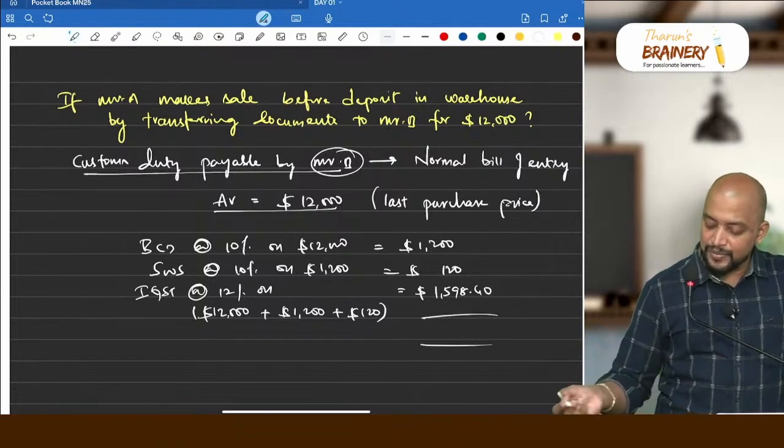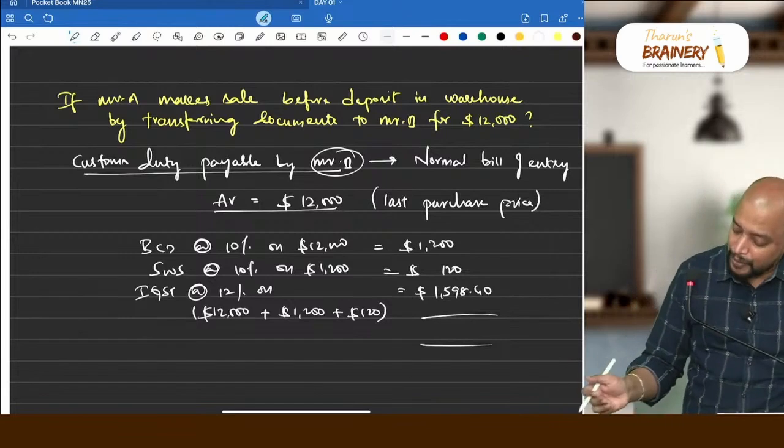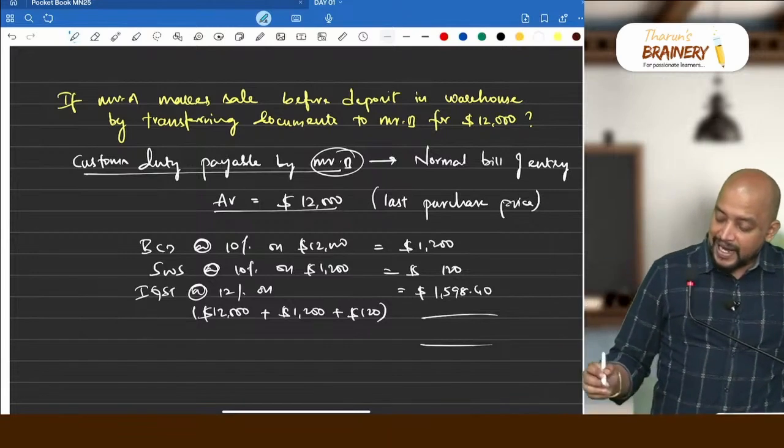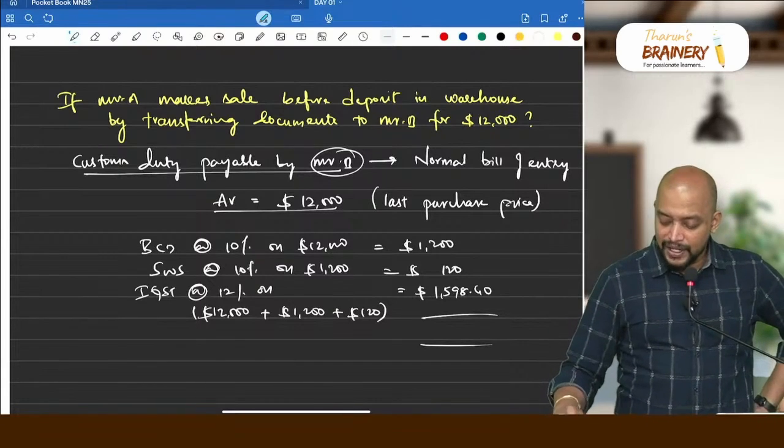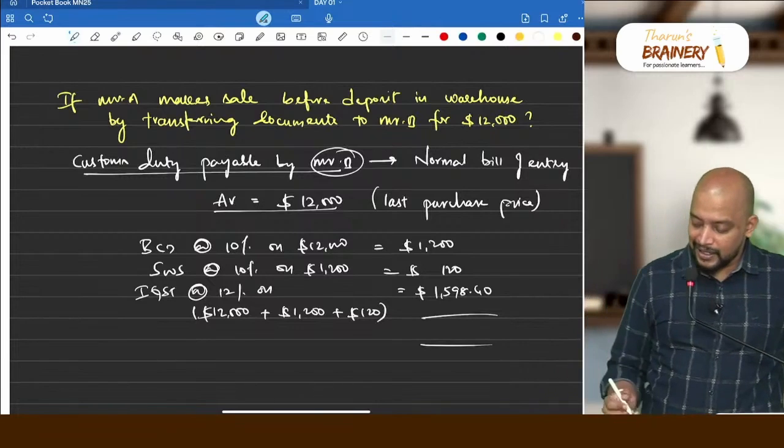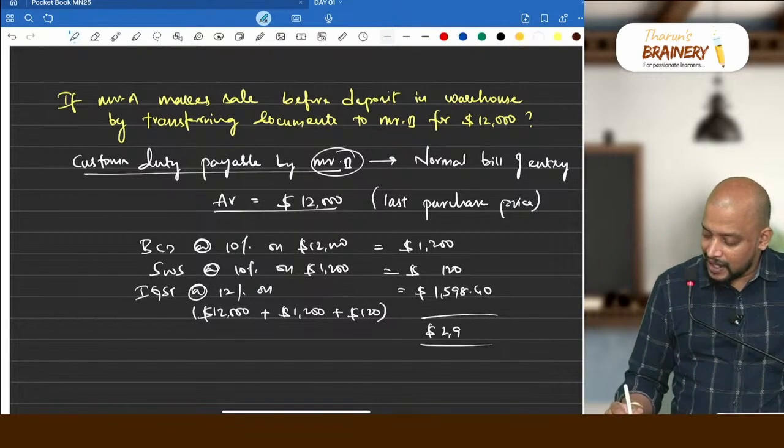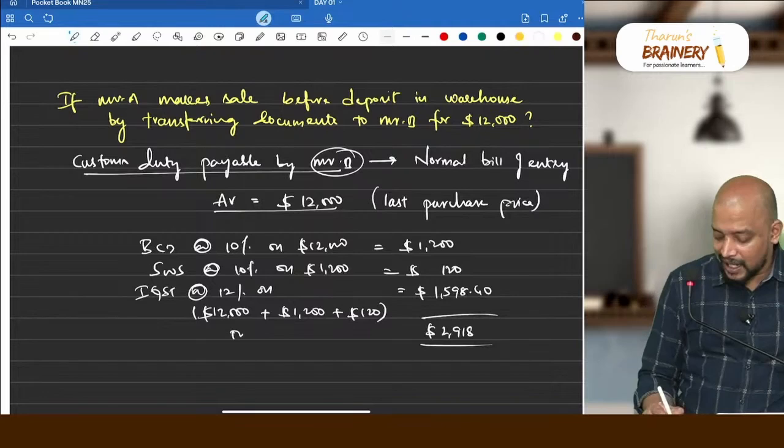So for total customs duty, let's round off to the nearest 1 rupee. So 1,598 plus 120 plus 1,200, that will be 2,918 taken as the total customs duty payable.